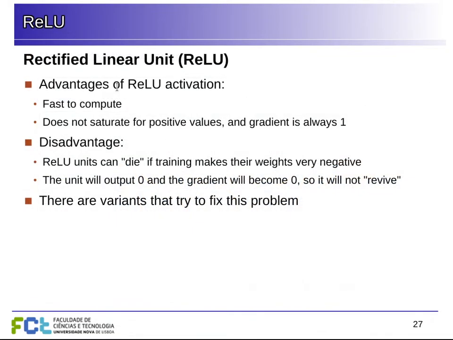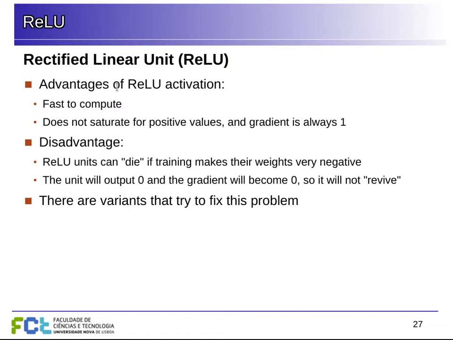So basically, the advantages here are that rectified linear units are very fast to compute because we just have that simple function and do not saturate for positive values. There is a slight problem that if the neuron is outputting the linear part is negative, then the output of the rectified linear unit activation is 0, and so the gradient is also 0.